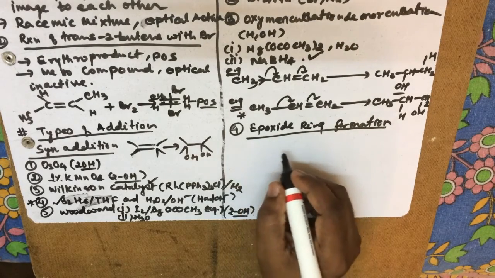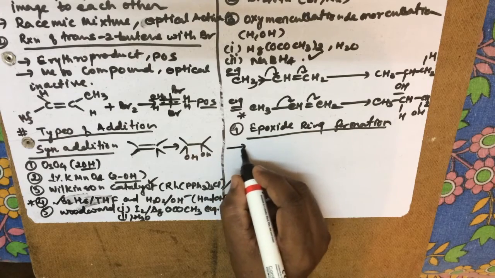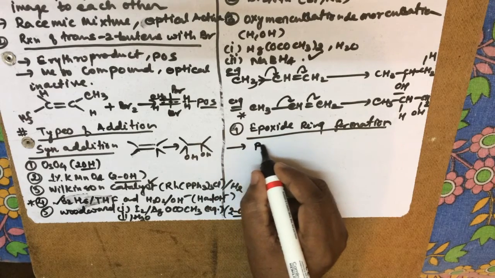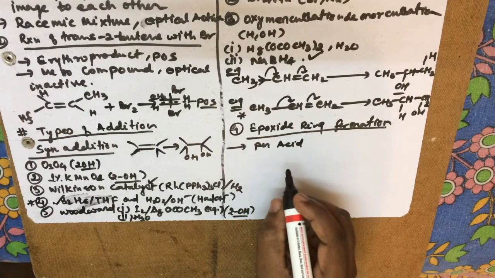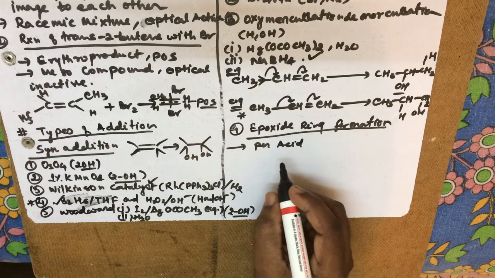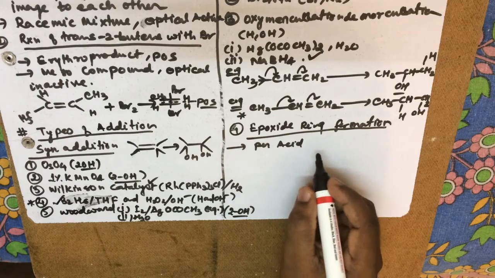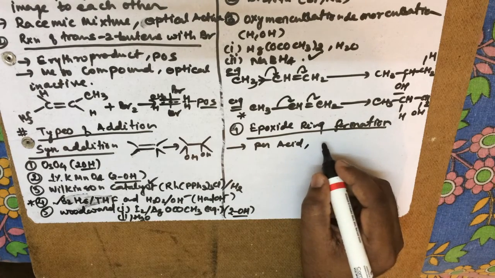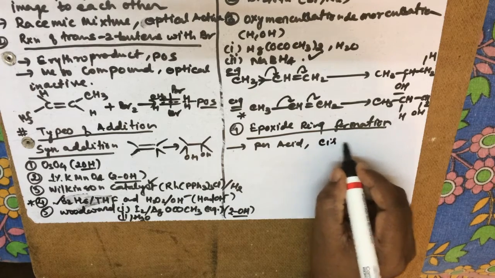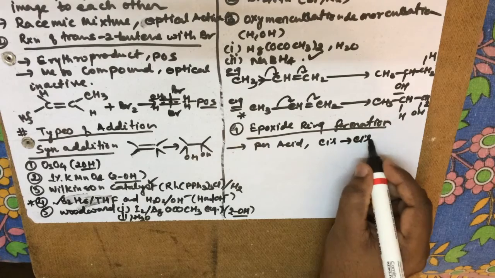This reaction undergoes in the presence of a peracid. If your alkene is cis, then your product will give the cis product.